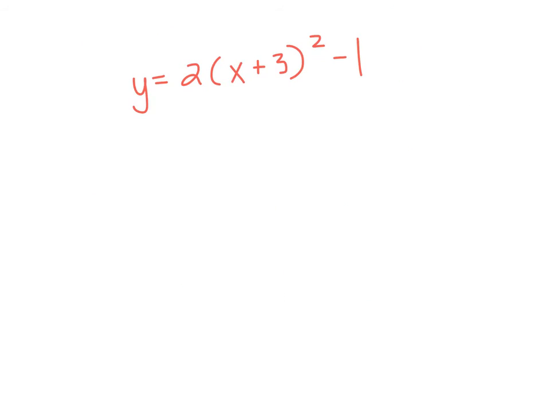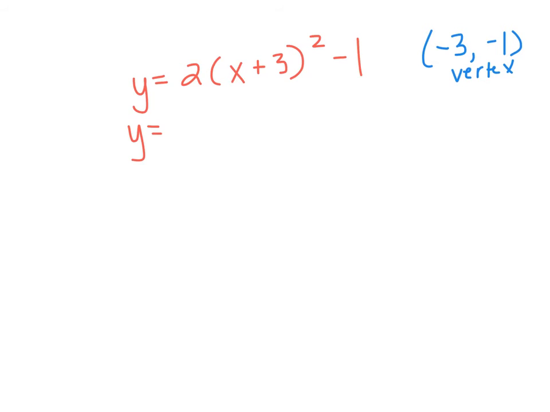So this equation is in vertex form. Remember, our vertex would really be negative 3, negative 1, because plus 3 meant it went to the left 3, and minus 1 meant it went down. So that's where our vertex is. Good to know. And so now we have to follow PEMDAS.